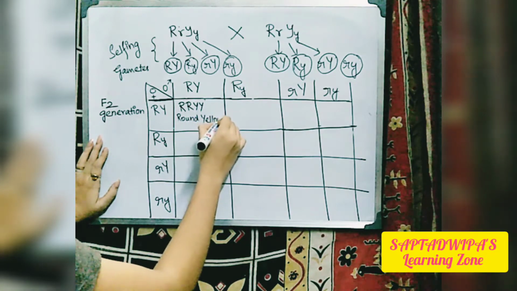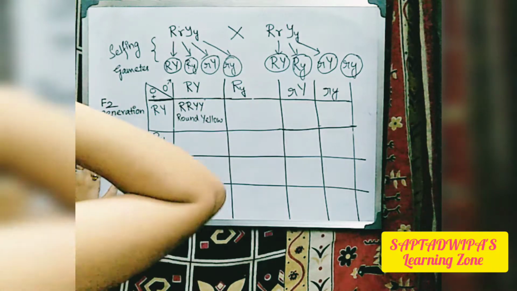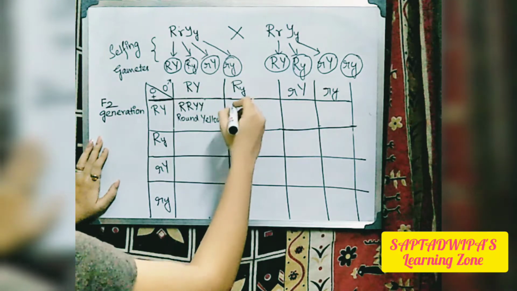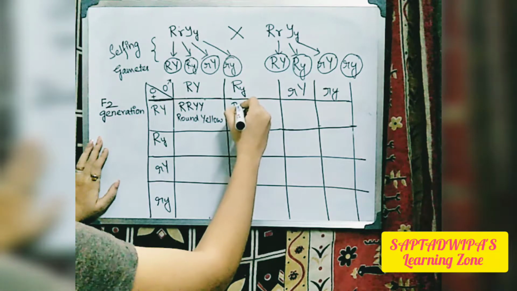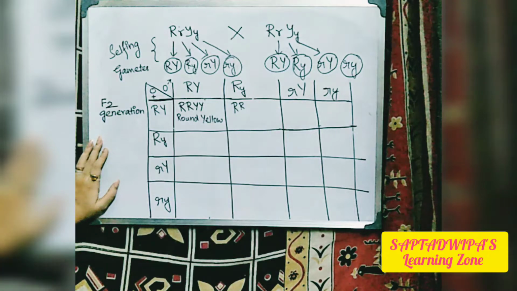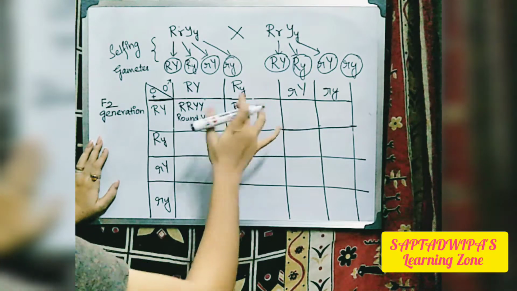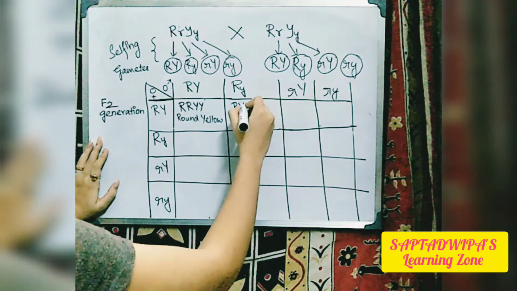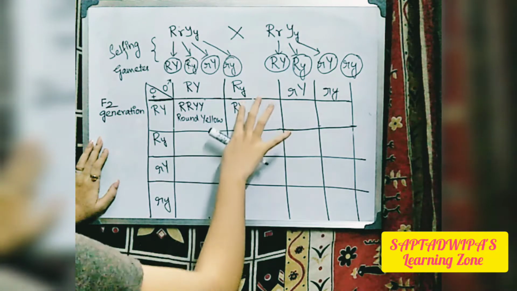Okay. When we are crossing this, what are the gametes we are getting? Capital R, or you can do it like capital R, capital Y. Okay. Write it like this only.